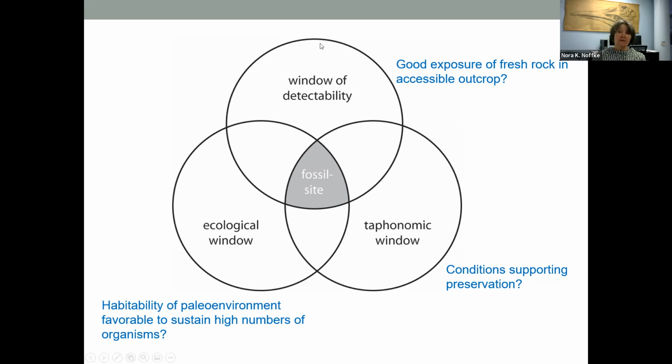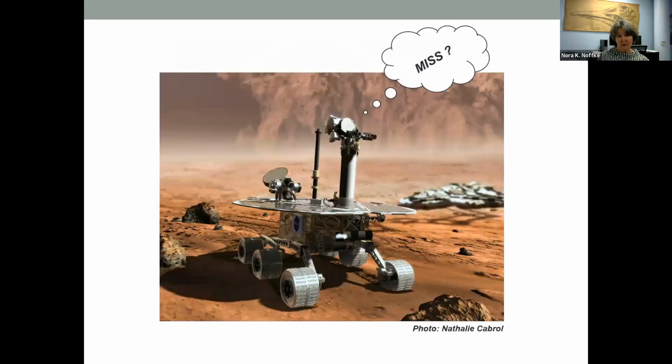And finally, we must not forget that we need to be able to get to that site. If it is buried at 2,000-meter depth, it doesn't help us. It needs to be exposed. There needs to be an outcrop. We need to be able to see that outcrop and large bedding surfaces, if at all possible.